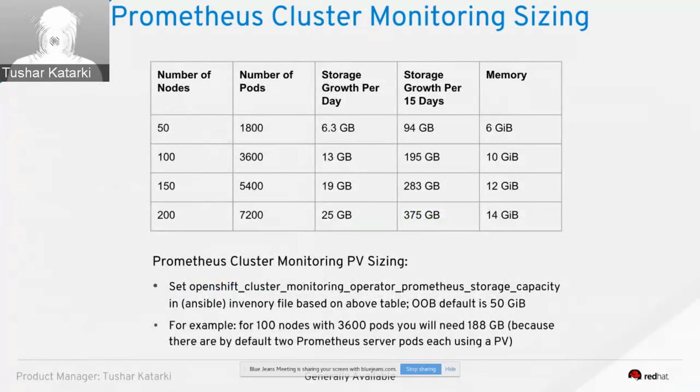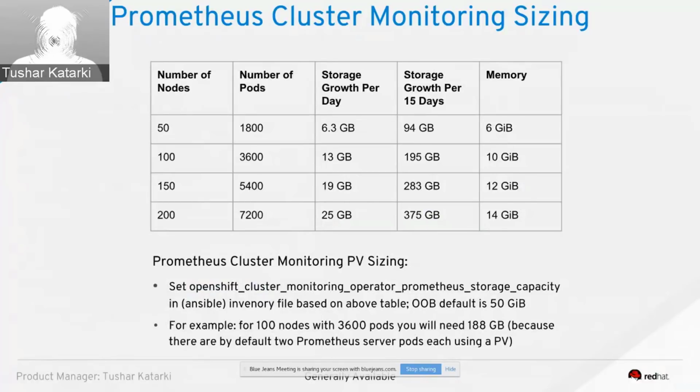I talked about Prometheus earlier, so here's a quick slide on how to size for Prometheus. This shows something that we have done in terms of a sizing guide. It shows the number of nodes and pods you could have, the storage growth you can expect per day or for 15 days, and the amount of memory that you would need.